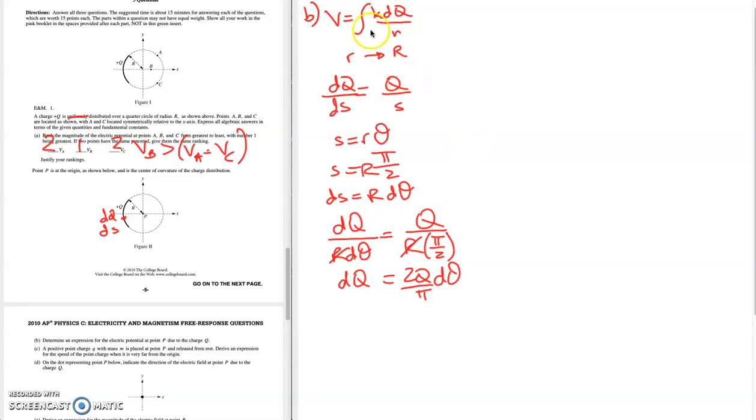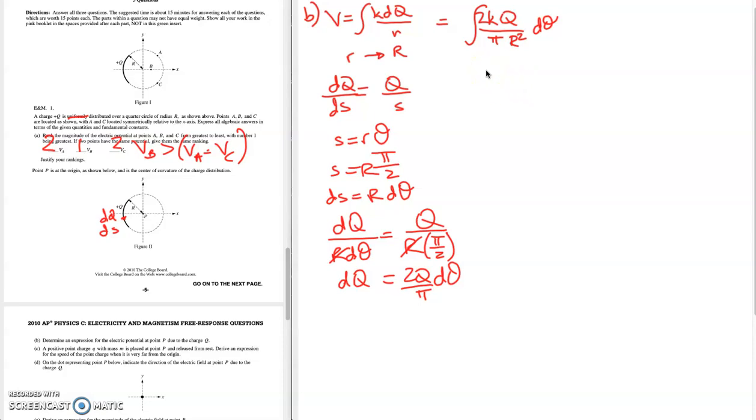Now let's go back to our original integral, because remember, we don't know how to integrate over charge, but we do know how to integrate over distance and angle, because angle is just a type of distance. So let's substitute everything back into that integral, and we'll have k times 2 times Q divided by pi, and this is radius squared, and then we'll have d theta.